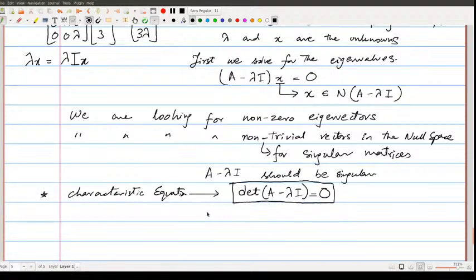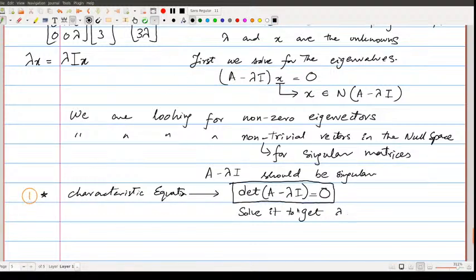So the characteristic equation says that the determinant of this matrix is going to be 0. We solve this equation to get lambda. Okay, so I'm going to do an example with you to show how we can solve this equation. That's the first thing that we need to learn, how to solve this.